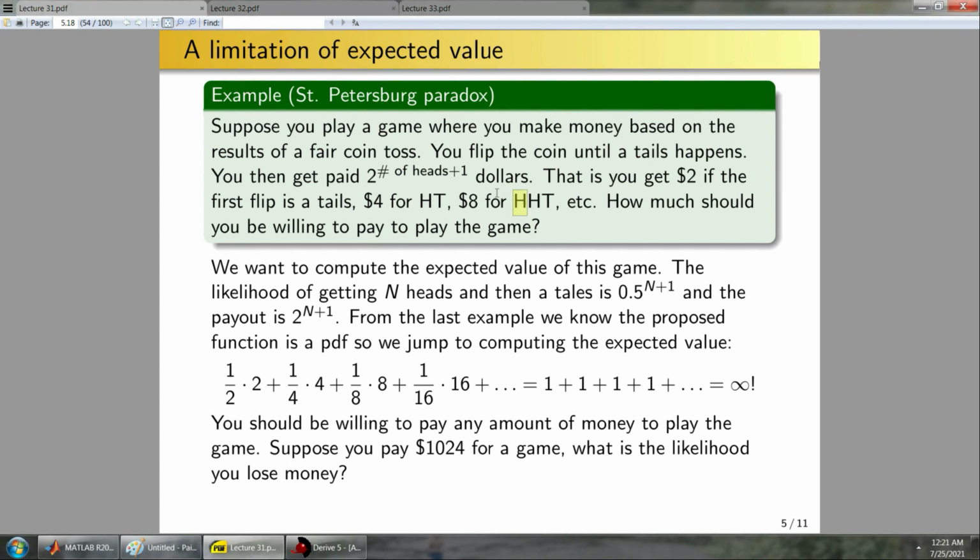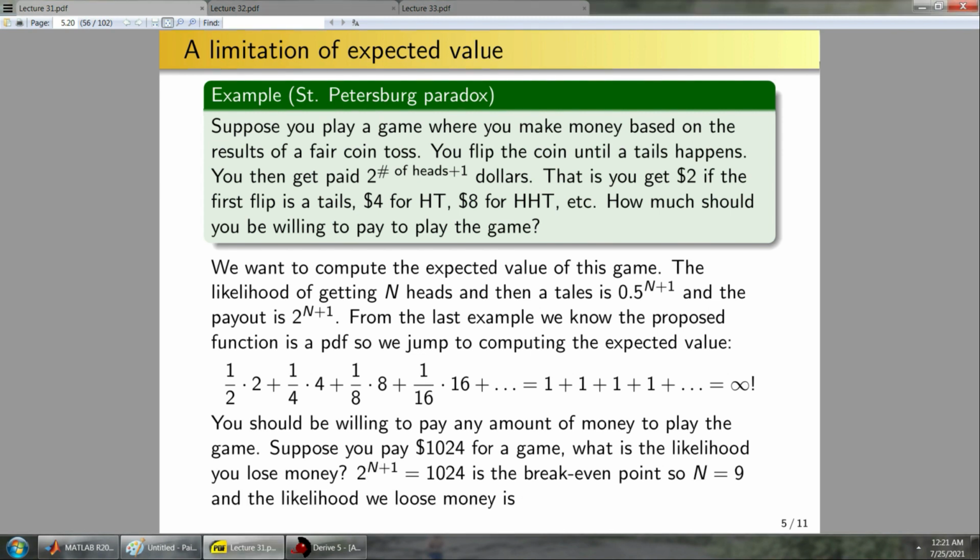To answer that, I need to ask: when does the payout equal my input money? The payout was simply 2^(n+1). I want to know for what value of n does 2^(n+1) equal 1,024. At that point, I break even. I have multiple ways of going about this, but the solution is simply n equals 9. So that tells me I need to flip exactly 9 heads to break even.